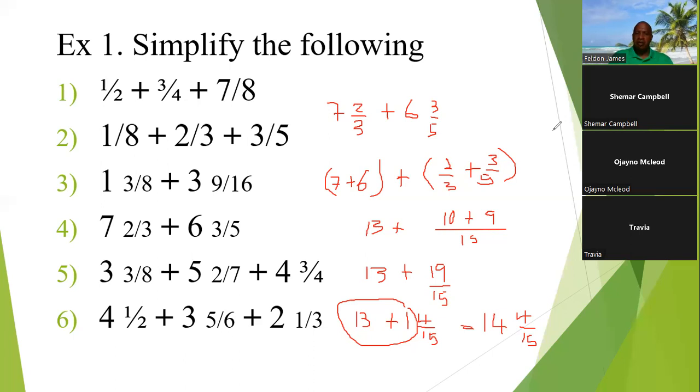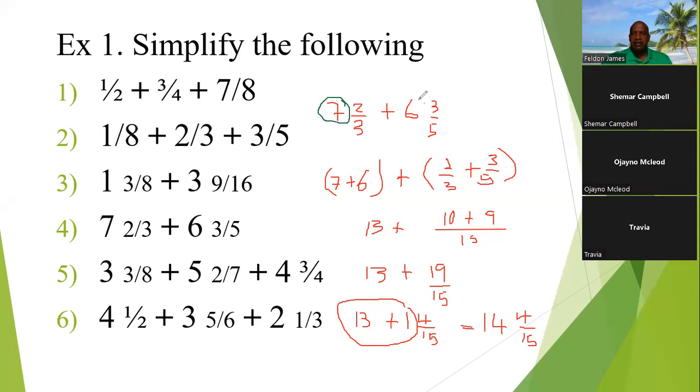Okay, so yes, sir. Based on what Mr. Ojeno says, his approach was to add whole number parts by themselves, then add the fractional parts by themselves, and then in the end merge the two back together, the whole number with the fraction. In the first fraction, the whole number is 7.